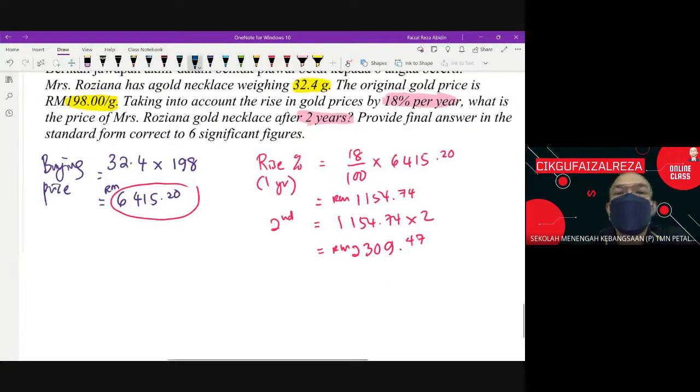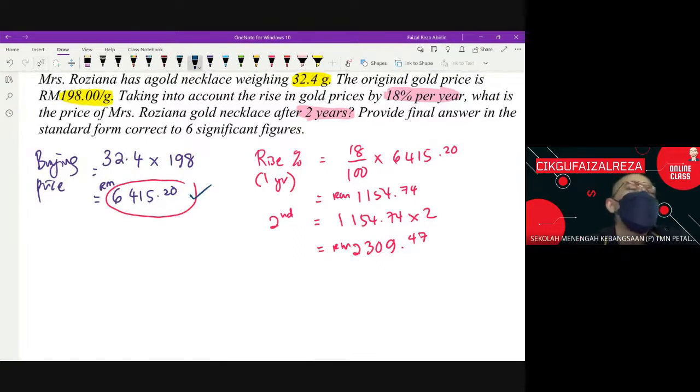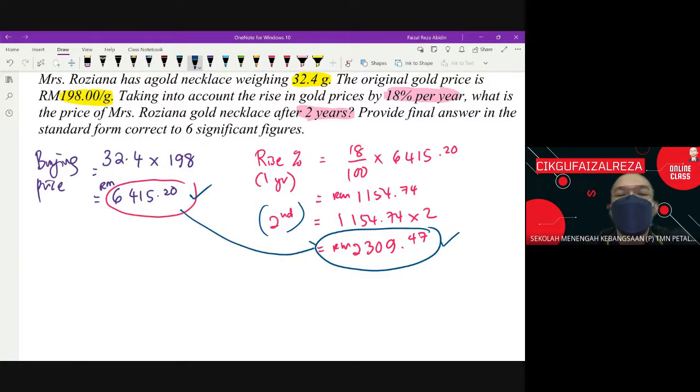So if I want to find the price after that, is it done? No. The original price is 6,000, and the gold rises for our second year until 2,000. Now the price of the gold has dropped. You are going to plus both of these, isn't it? So what we call the price after 2 years, this is what we call investing in gold.